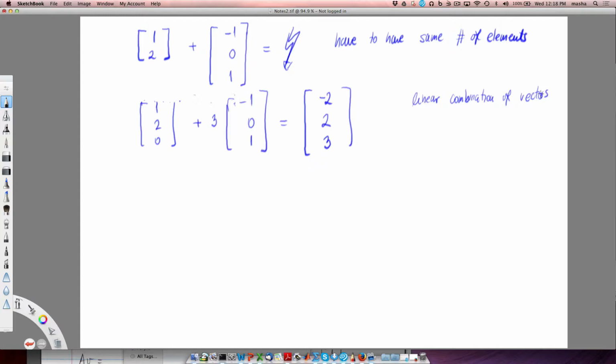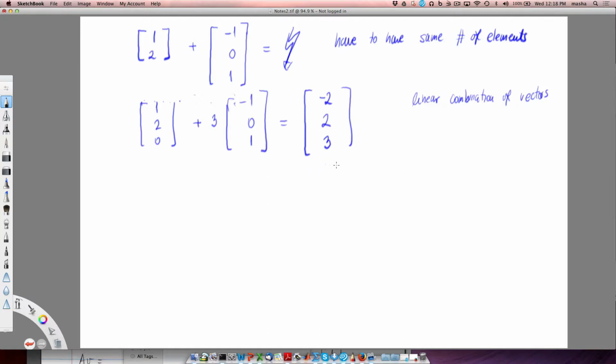Alright, so this is linear combination of vectors. And one more thing that I want to note here is that when I create this vector from two other vectors and just add them up, this vector is called linearly dependent on the first two. That's just sort of a notation.